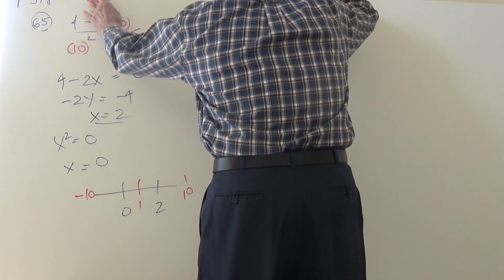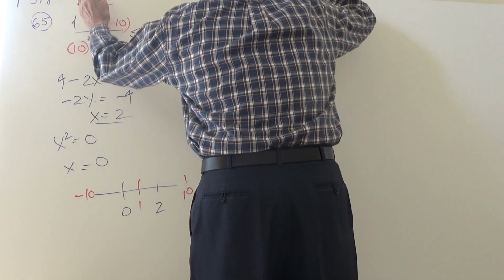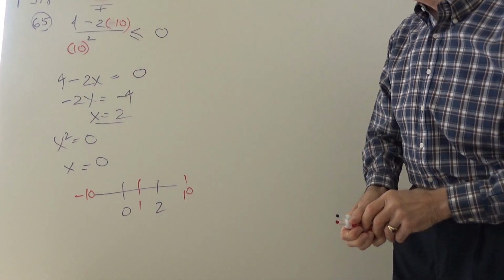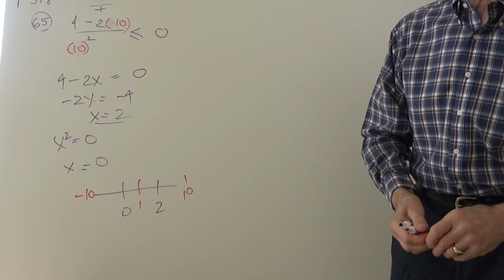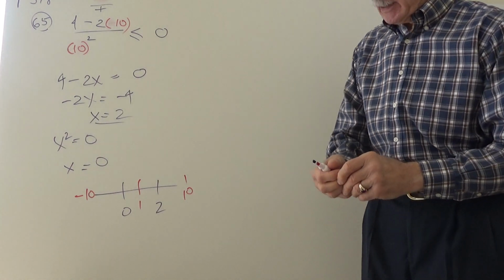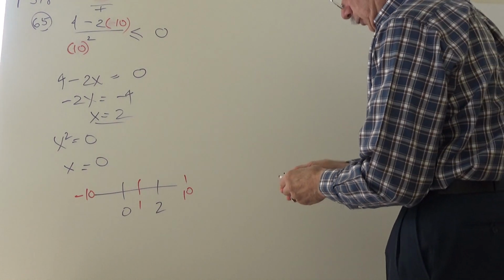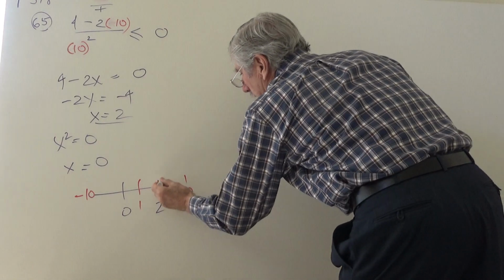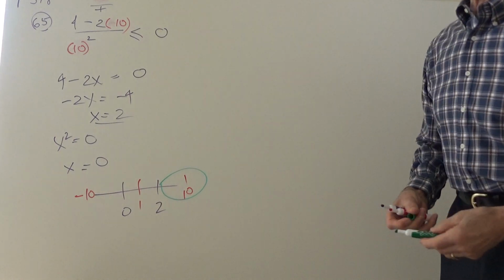We're looking at a negative up top here. And of course in the denominator it's always positive because we're squaring that. That looks like it's less than 0, doesn't it? Negative divided by positive is negative. So it looks as if we have a good answer here. It looks like anything greater than 2 should work very nicely for us.